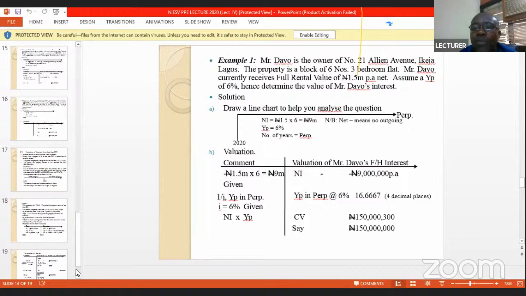If one flat is 1.5 million, then 6 flats will be 1.5 multiplied by 6. That will give us 9 million. I stated very clearly there, from the 9 million, there is no deduction because the question already says that the rent is net.